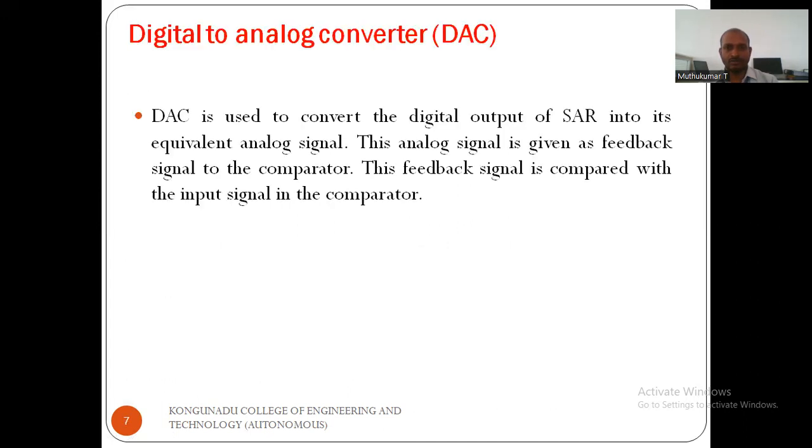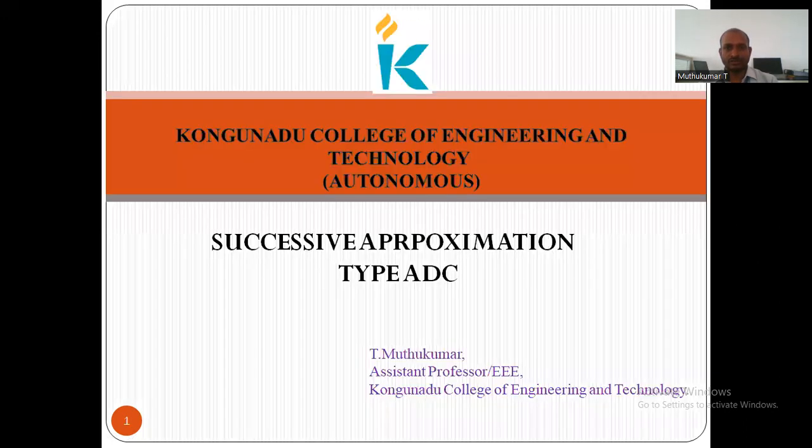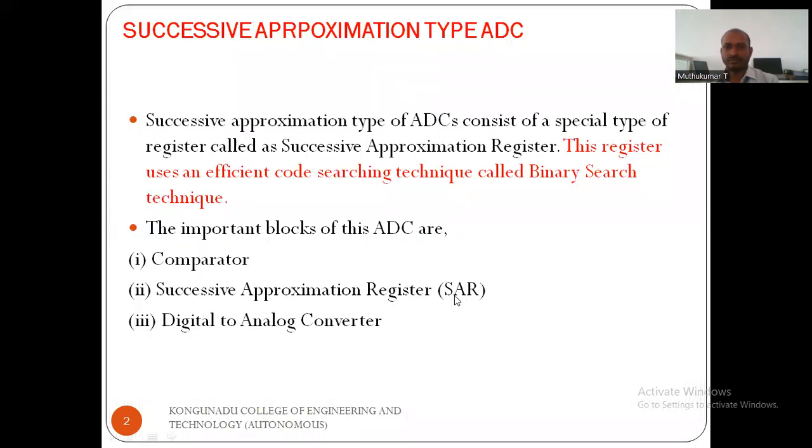Finally, I am going to conclude this lecture with a recap. The successive approximation type ADC is one of the most familiar analog to digital conversion techniques. Here we are using a special type of register, the successive approximation register, SAR.